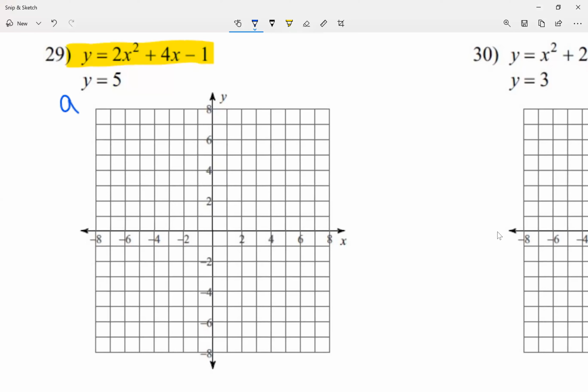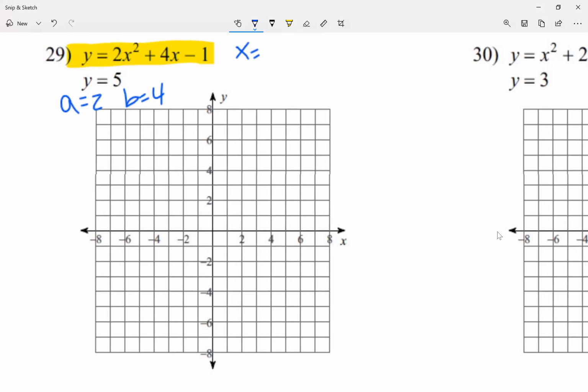My a is 2, my b is 4, and my c is -1. I don't need my c. But for my x value, I remember the formula negative b over 2a. So I'm looking at this as -4 over 4, so my x value is -1.